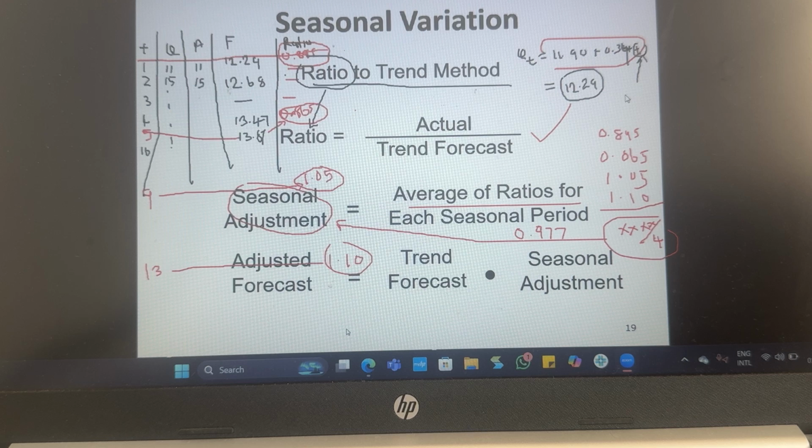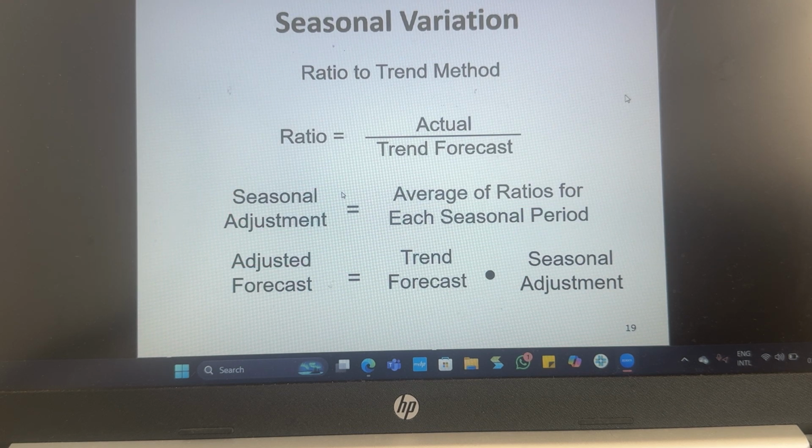You know how to do it now? For example, I have done the first quarter seasonal adjustment. You have to do the rest for the remaining 3 quarters.